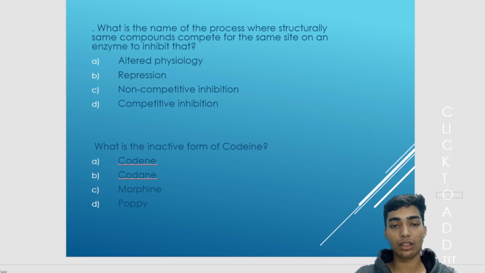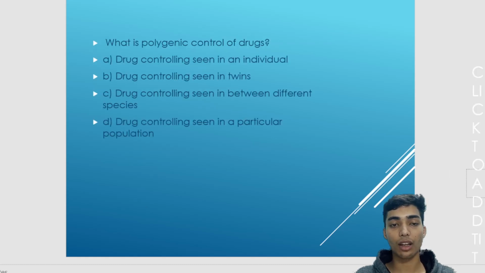Then what is the name of the process where structurally similar compounds compete for the same site on an enzyme and inhibit it? The answer here is option D, competitive inhibition. Then what is the inactive form of codeine? Here the answer is C, morphine. Then what is polygenic control of a drug? Here the answer is B, drug controlling seen in twins.